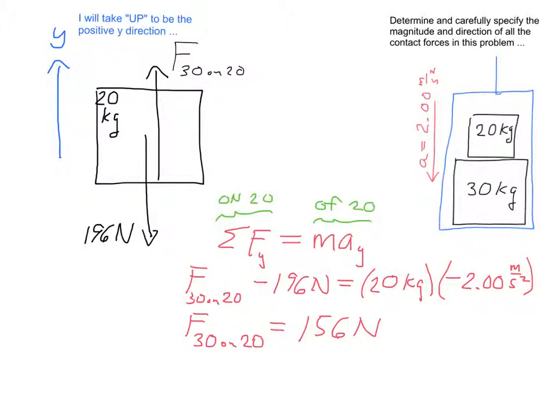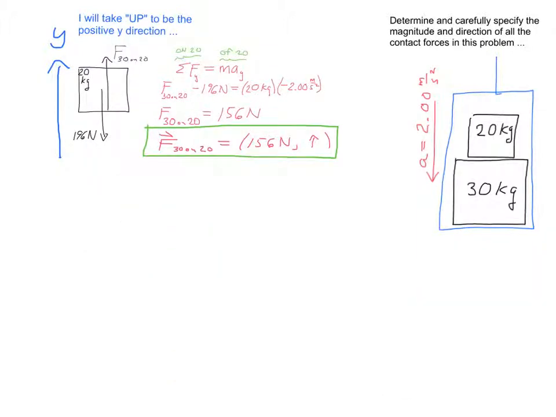So if we wanted, we could represent the full vector information. That is, the force vector that the 30 kilogram block exerts on the 20 kilogram block has a magnitude of 156 newtons and the direction upward. Now, here's where the power of Newton's third law comes in.